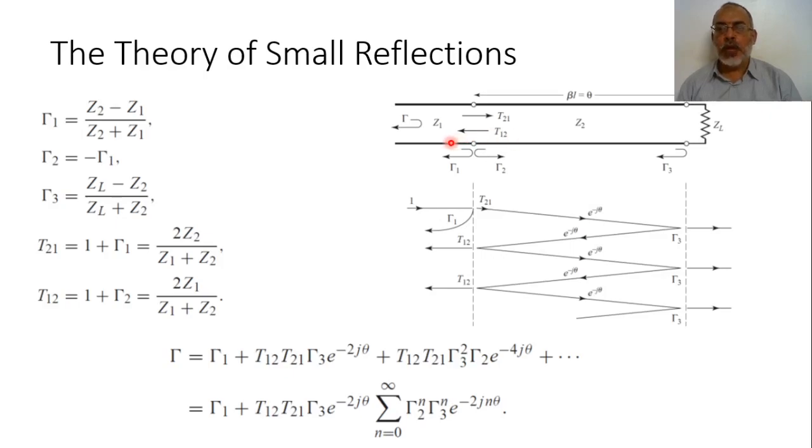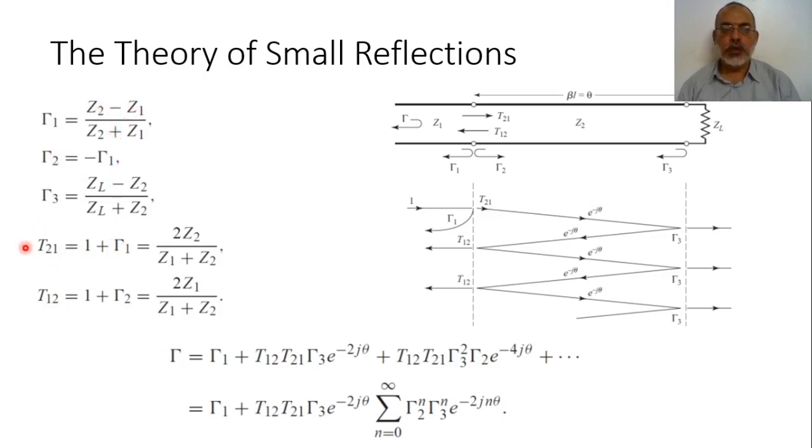So, some part of the wave would be reflected by gamma 1 and some part would be transmitted from Z1 to Z2 by the transmission coefficient T21. T21 equals 1 plus gamma 1, and gamma 1 is Z2 minus Z1 over Z2 plus Z1.